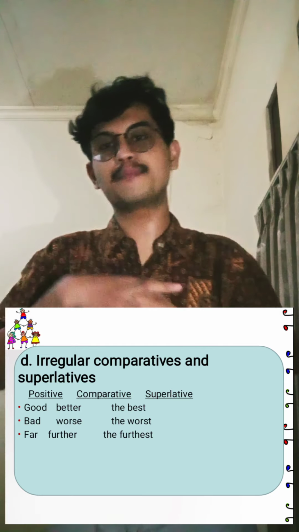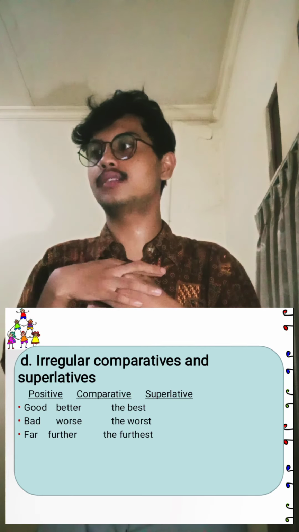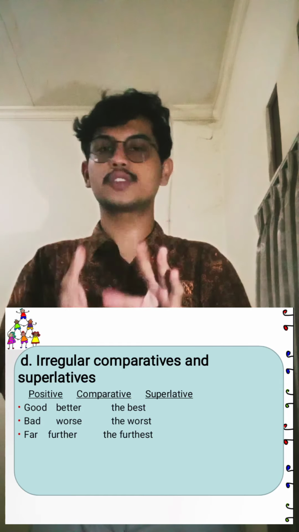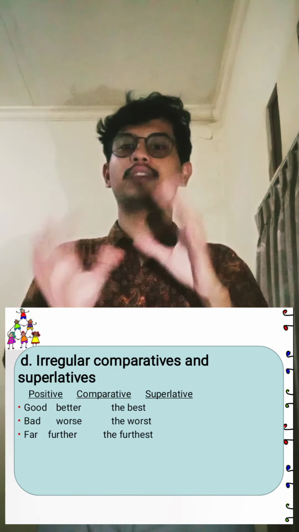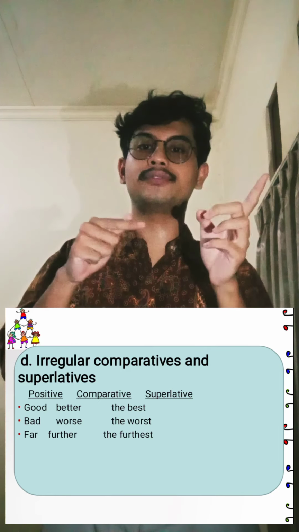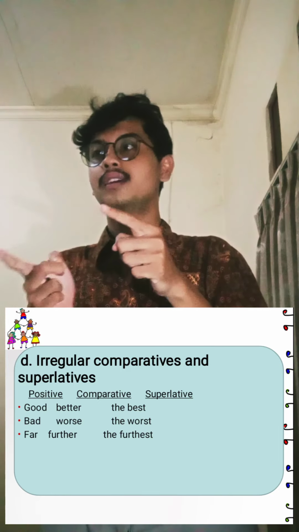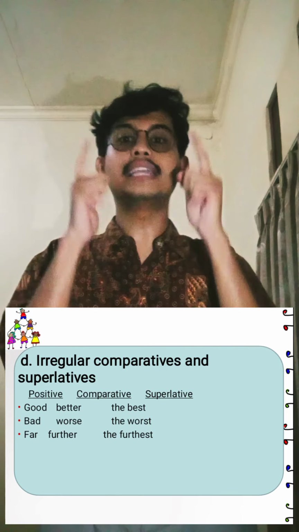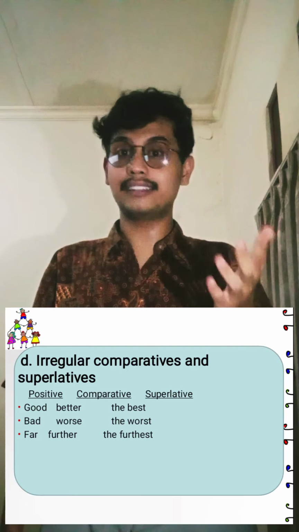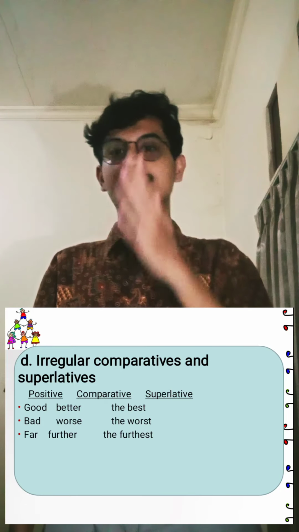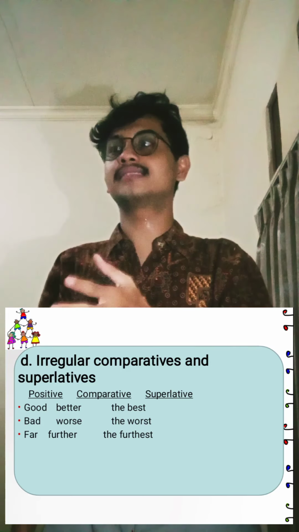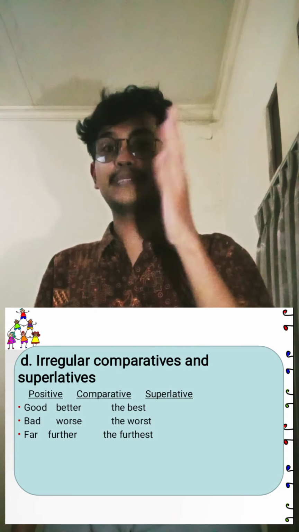For example, the base word is good. So when you use the comparative, you can use better. Better is the comparative word from good. And the superlative is the best. We already know the best is yang terbaik, right? Good is baik, better is lebih baik, dan the best is terbaik.